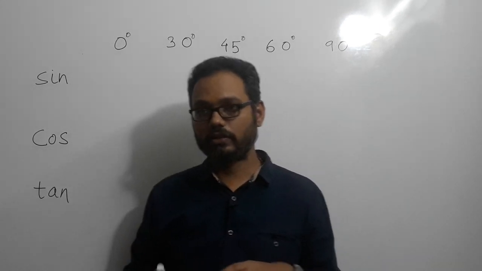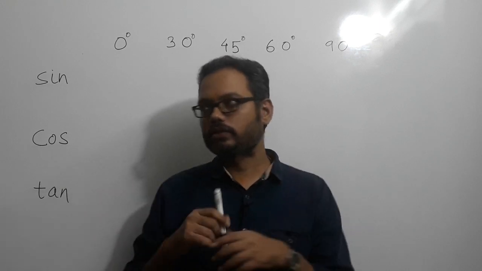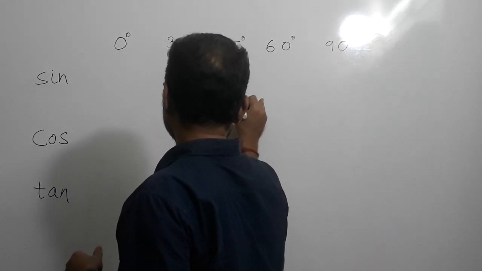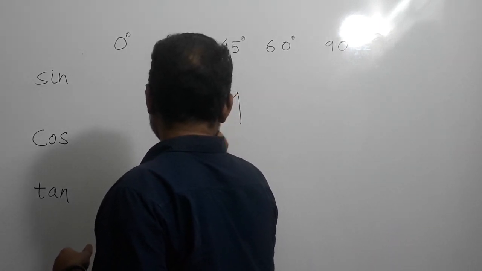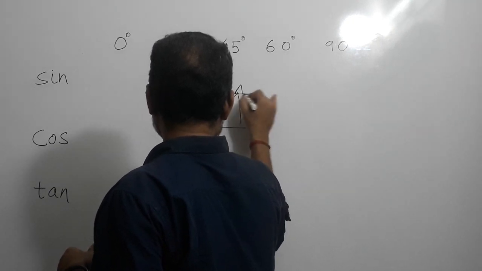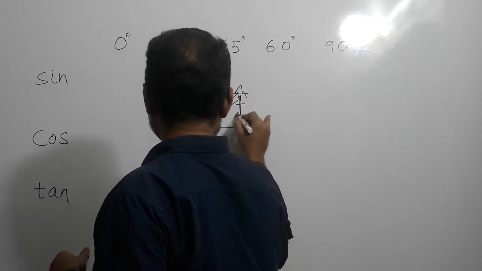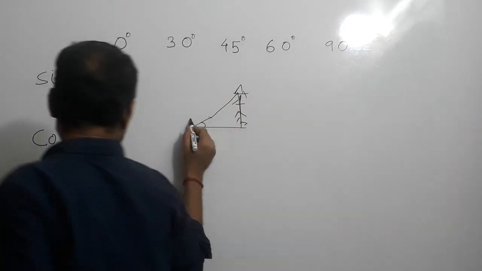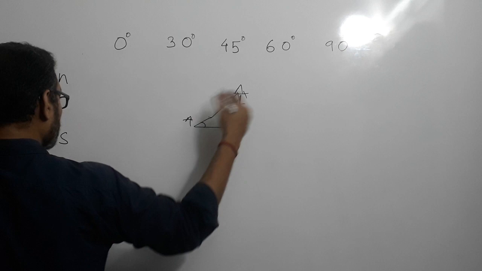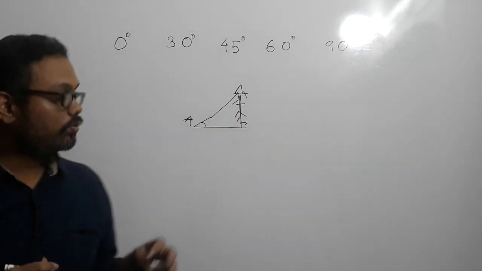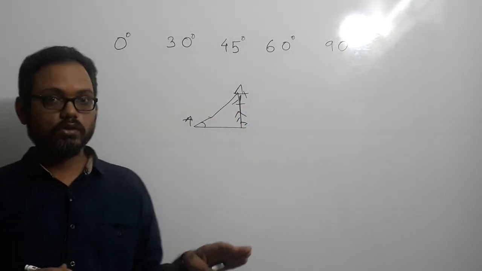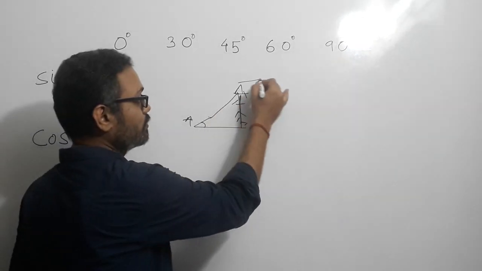Trigonometry has applications. For example, there's a tower over here, and if you want to know the height of this tower from here, if you're standing here, then using trigonometry you can find out the height of this tower. Let's say this is a building.